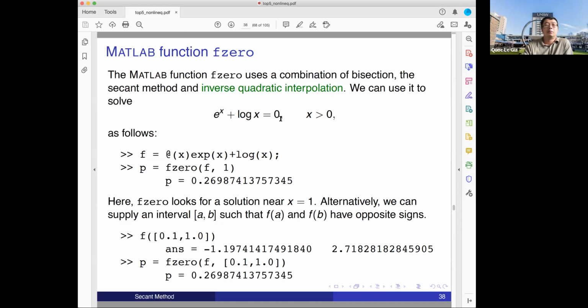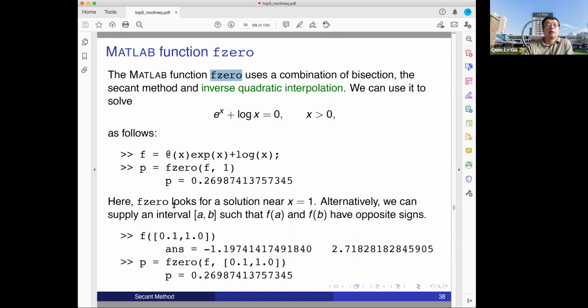If you try to use fzero to solve the function f of x equals 0, first you define f as an anonymous function like this. For example, f is e to the x plus logarithm x, a natural log.